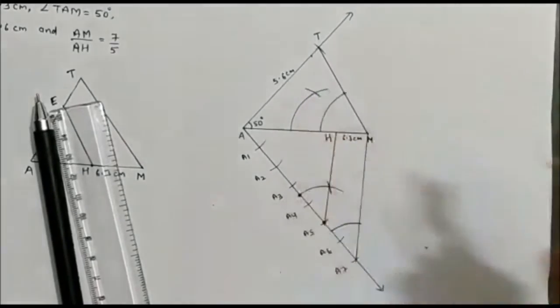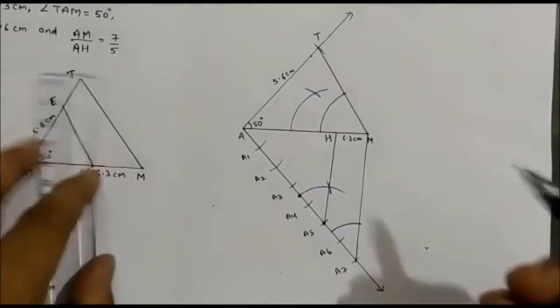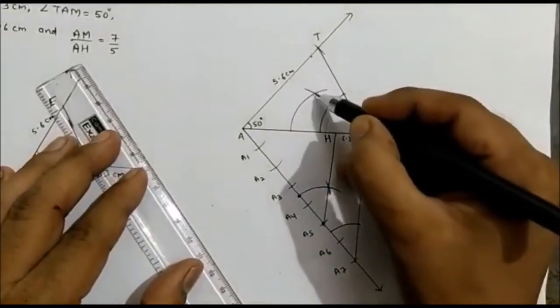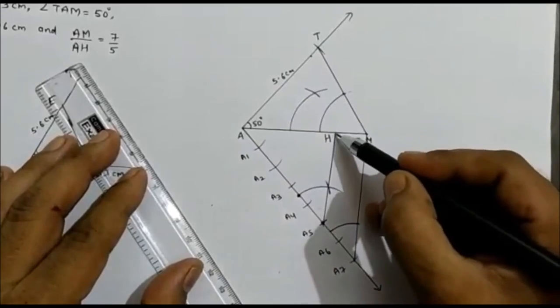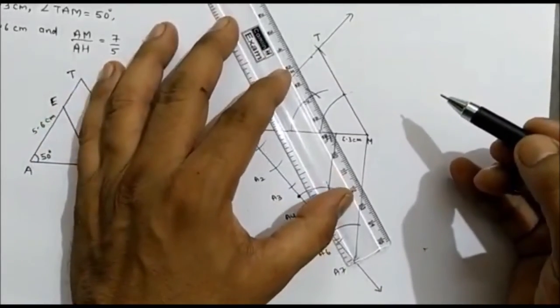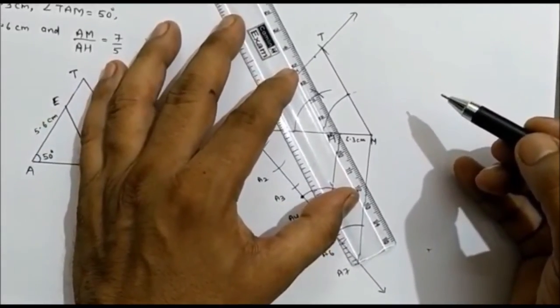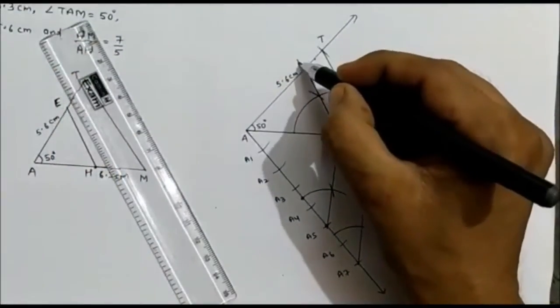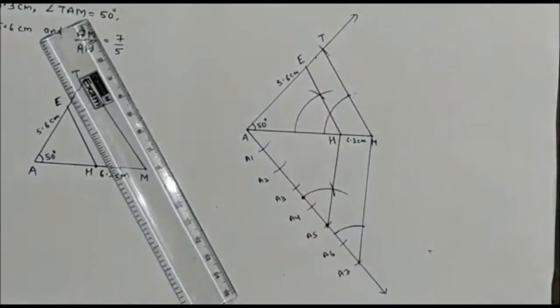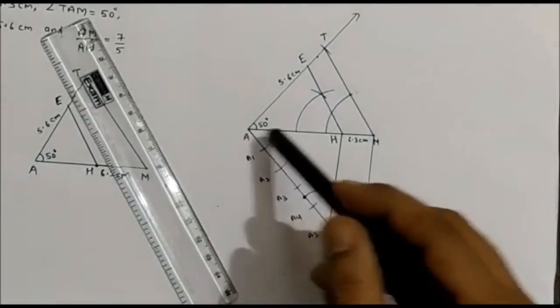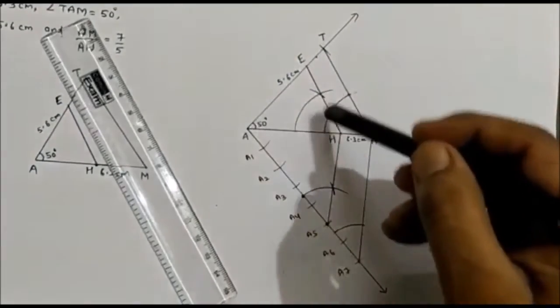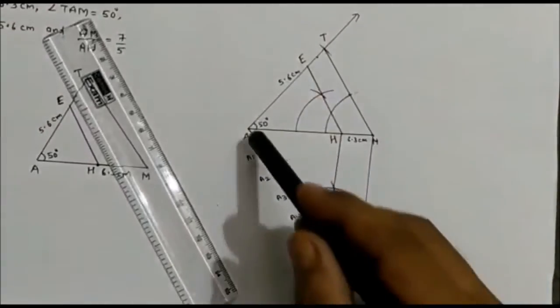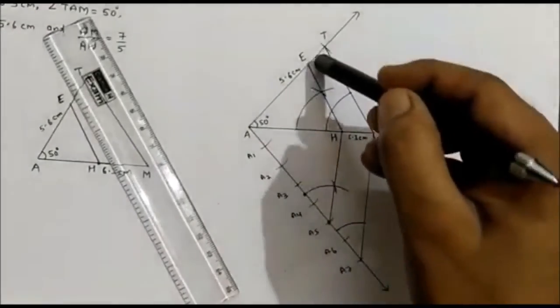And now with this H, you have to join this point, and mark this point as E. So students, you can see we got this triangle AMT and AHE. Both are similar triangles. AMT, AHE. You can do it.